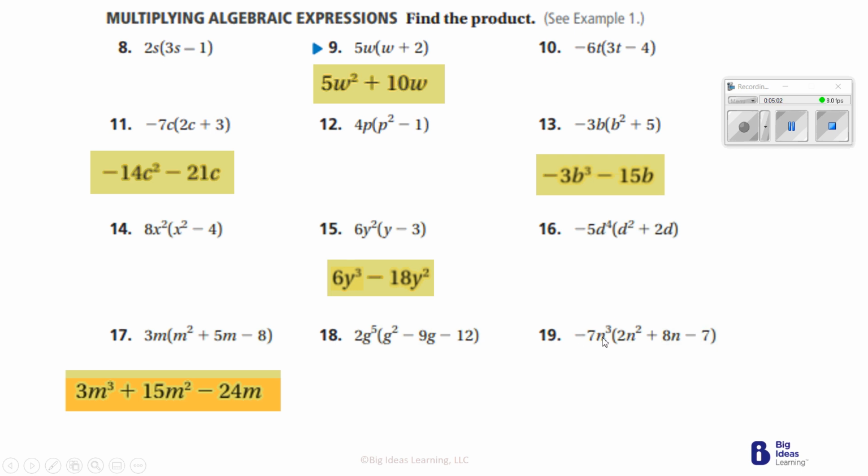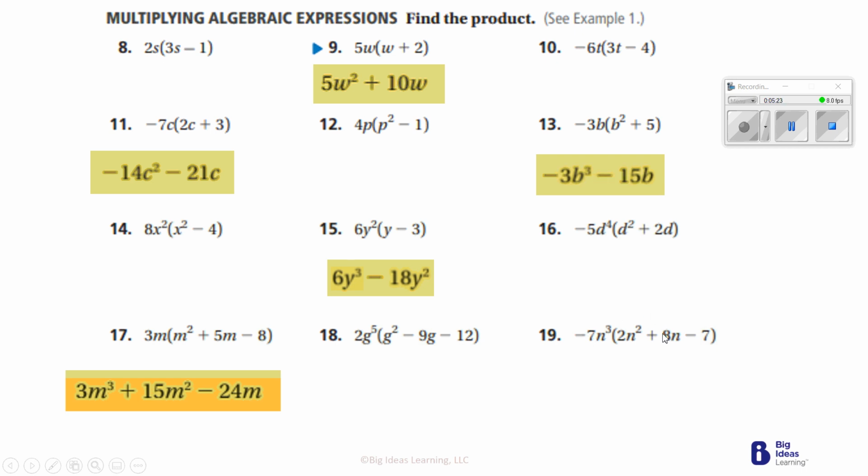Negative 7n to the third power times 2n to the second power is going to be, well, negative 7 times 2 is negative 14. So this would be negative 14n to the fifth power. Now, negative 7 times positive 8 would be negative 56.